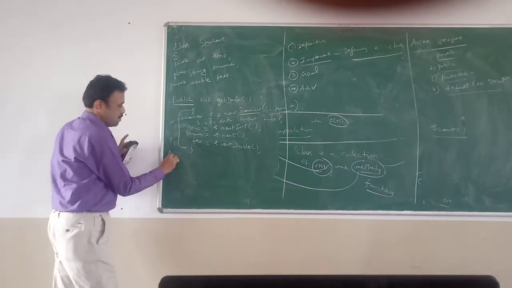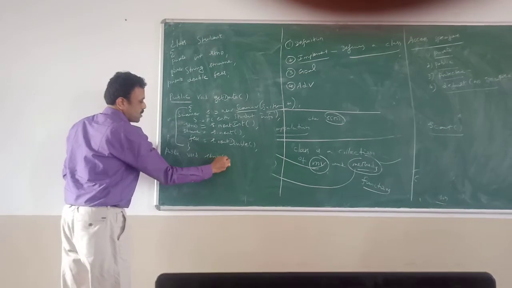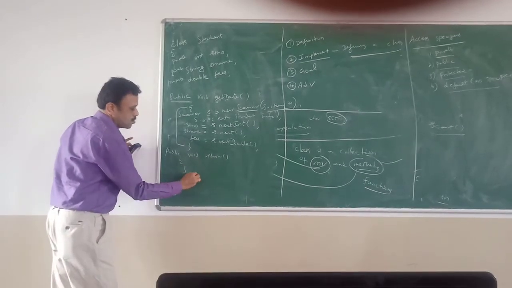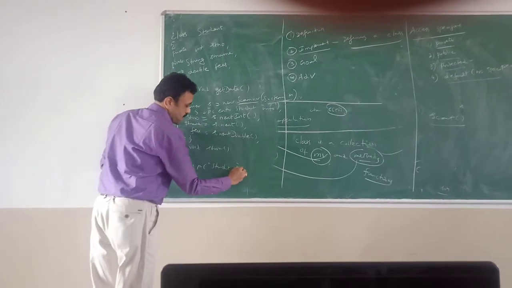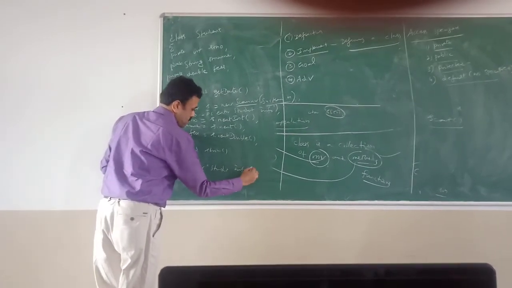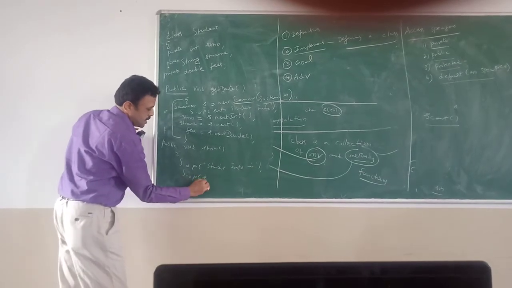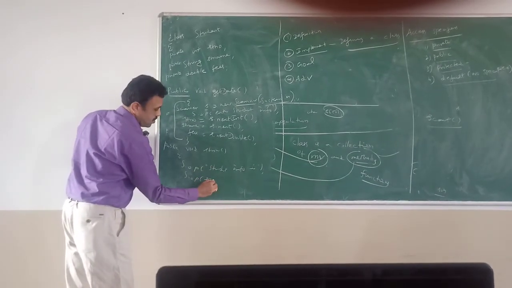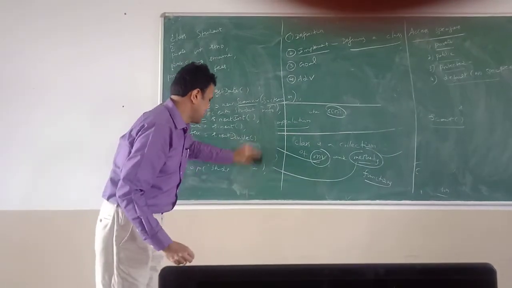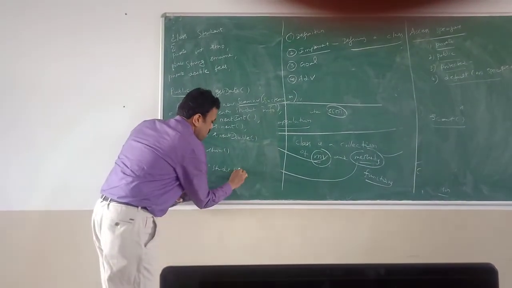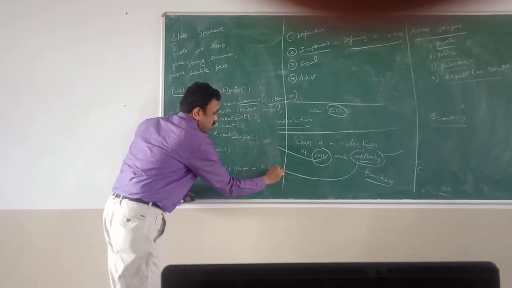Now public void show. So now we can just write System.out.println, student information is. Then System.out.println, if you want to get it separately, student number is plus stno.